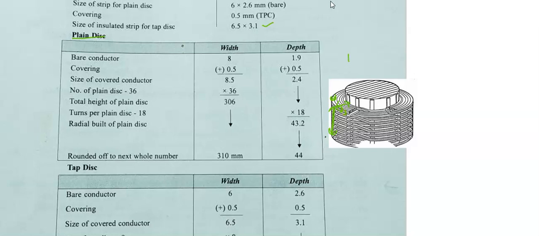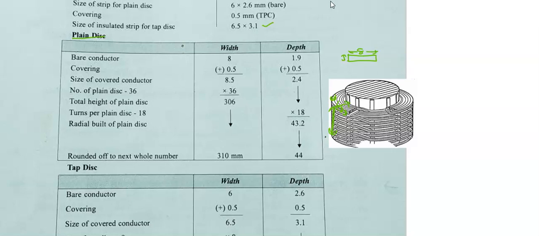So suppose this is a conductor winding. Side view, if you see, the depth means thickness you're talking about, and width means 8. And covering is 0.5 mm. 0.5 I added here. Size of the conductor is 8.5 in this one.